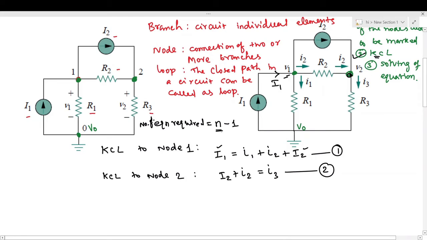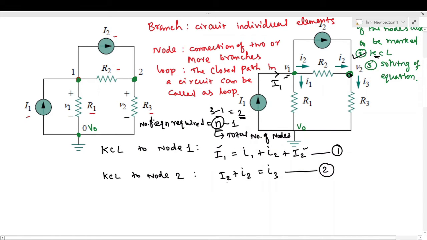This n represents the total number of nodes in a circuit. In this we are having 3 nodes, minus 1 is equal to 2. The number of equations required to solve this circuit is 2.